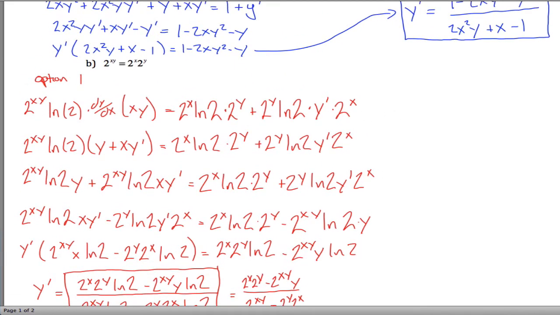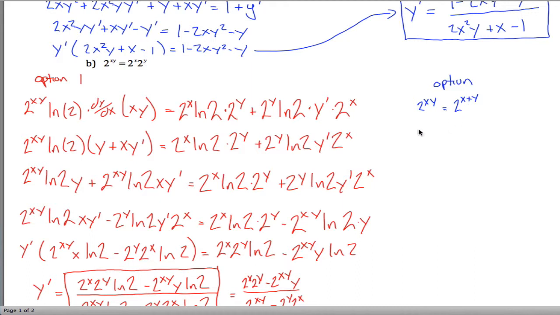What I want to show you is there's another way you could do this problem. If 2 to the xy equals 2 to the x, 2 to the y, I could also say that using an exponent rule, 2 to the x times 2 to the y is 2 to the x plus y.